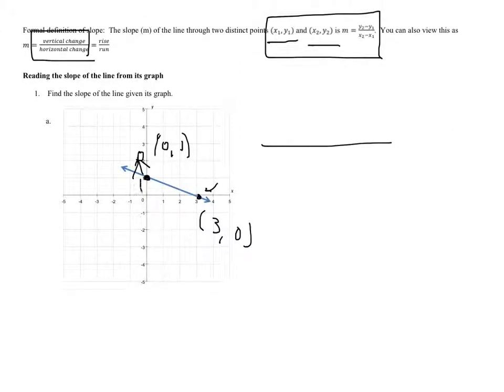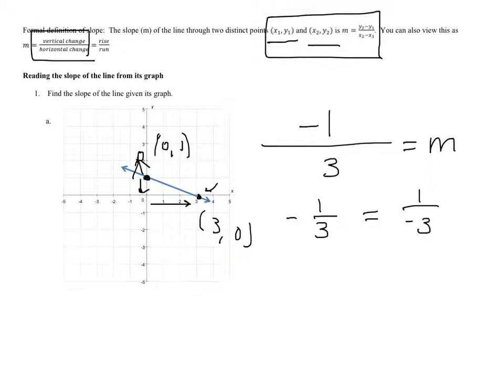So I'm going down 1 and right 3. So my slope, which is always indicated by the letter m, will be -1 over 3. Yes, I could write it as 1/3 with a negative in front, or I could write it as 1 over -3. All of these are equivalent.